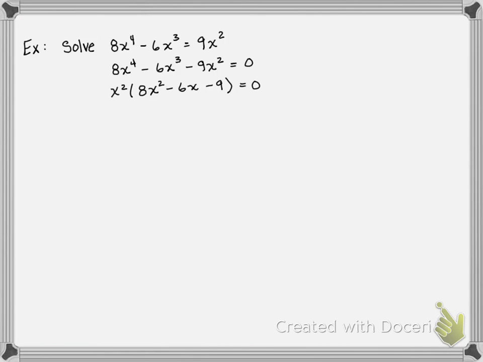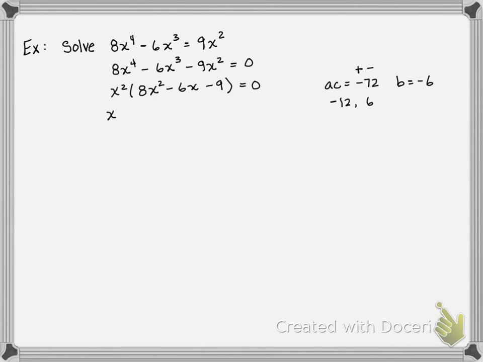And so then we want to factor what's in parentheses there. So my AC is negative 72. My B is negative 6. Because AC is negative 72, I need a positive and a negative. So negative 12 and 6. Good.